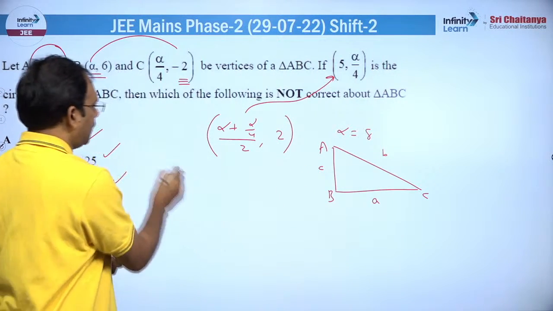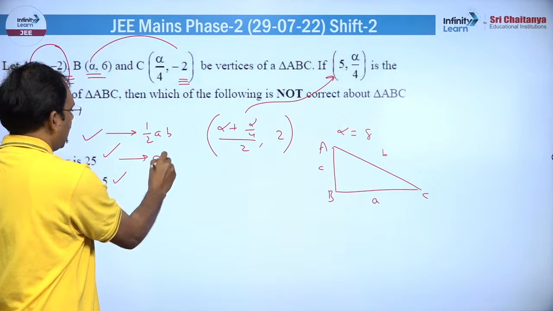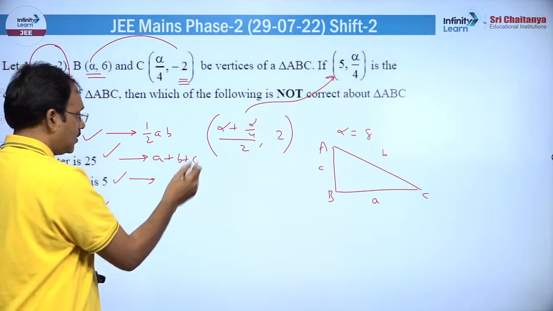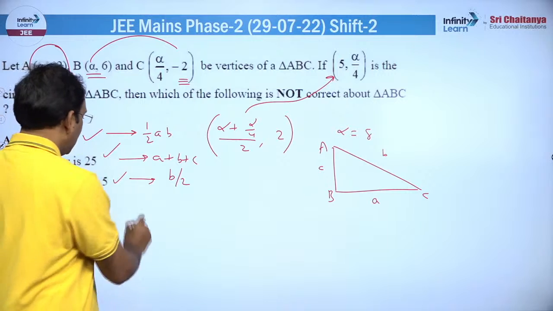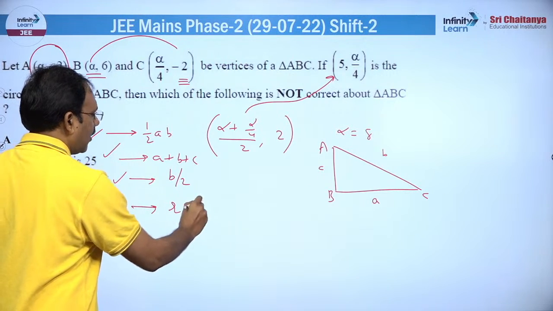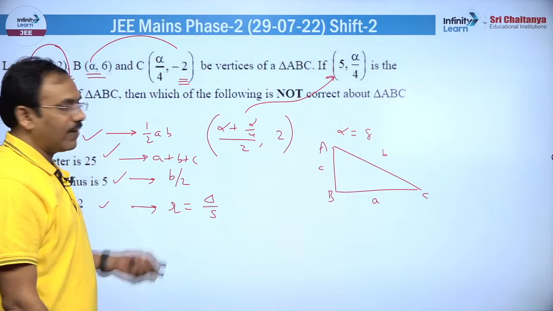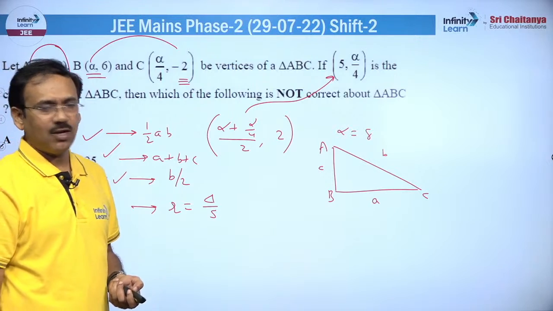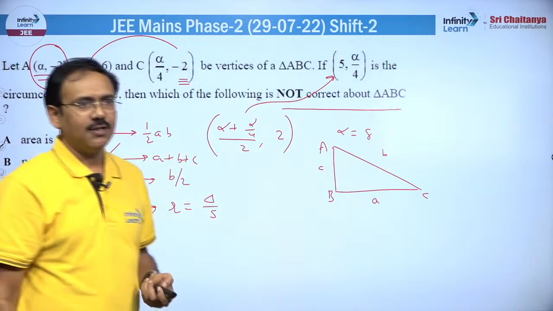Area means just find half AB, perimeter means a plus b plus c, circumradius is nothing but hypotenuse by 2, and inradius anyhow you can apply r is equal to delta by s, where delta is area and s is the semi-perimeter, from which you can identify. I think option B is going to be the wrong answer, so that should be the correct option here, right.